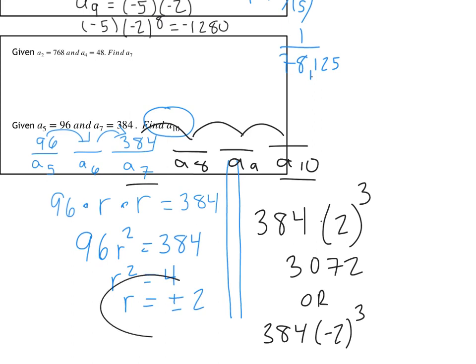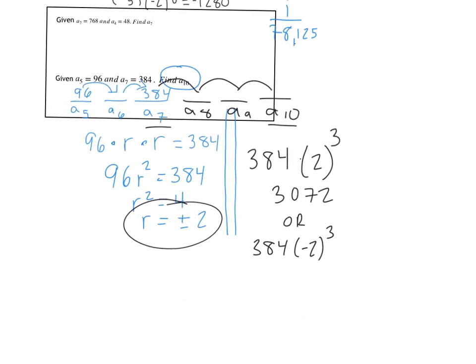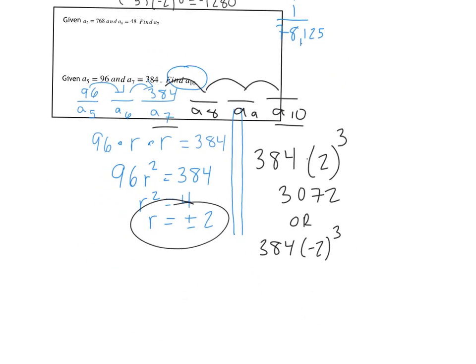Remember, we got two answers over here. So when I do that, my solution could be negative 3,072. So you may or may not get two answers for those.